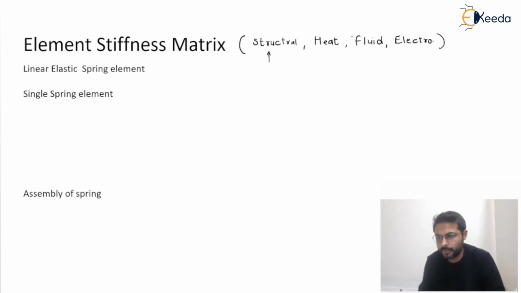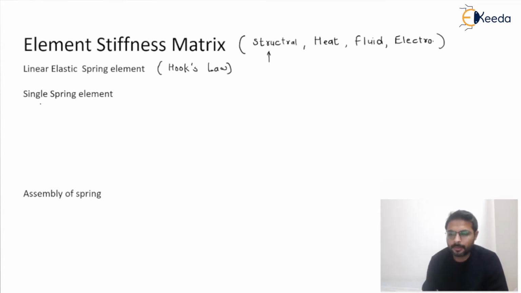You can guess what a linear elastic material is: elastic material means it follows Hooke's law, and it follows it linearly.